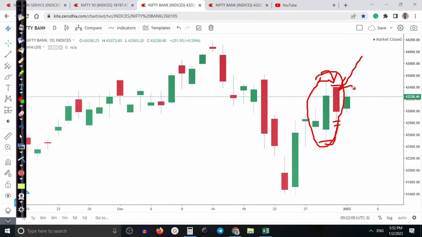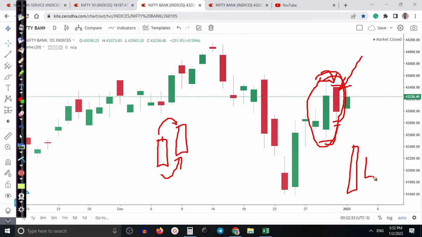We have seen two scenarios in this market: in Nifty they are forming a higher high and a higher low, but in Bank Nifty they are forming inside bars, like that and like that.